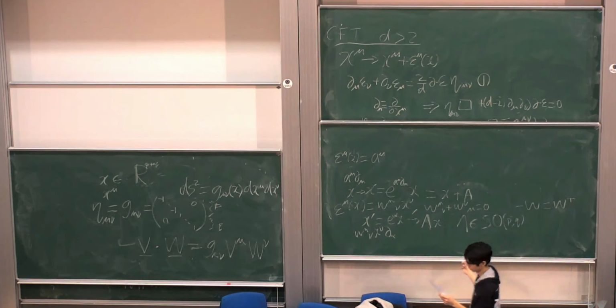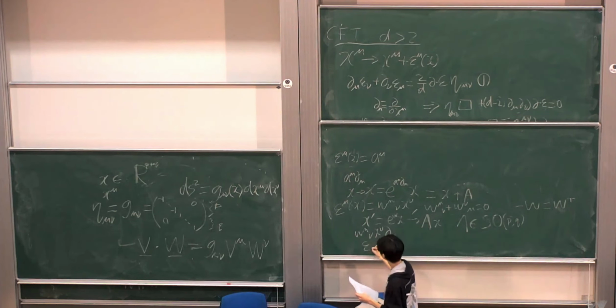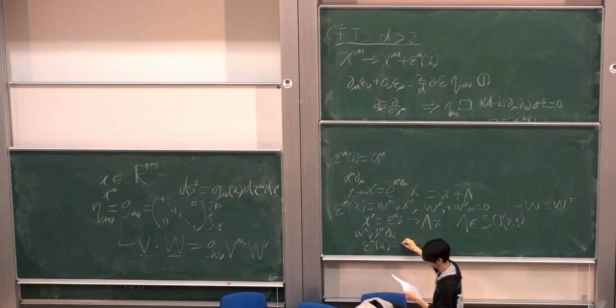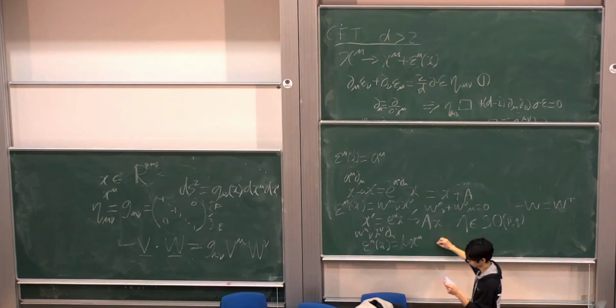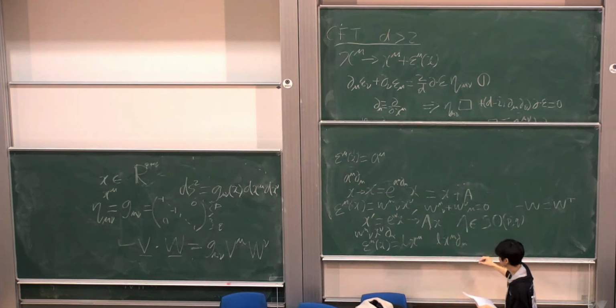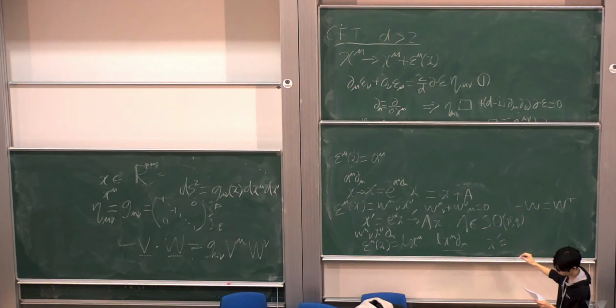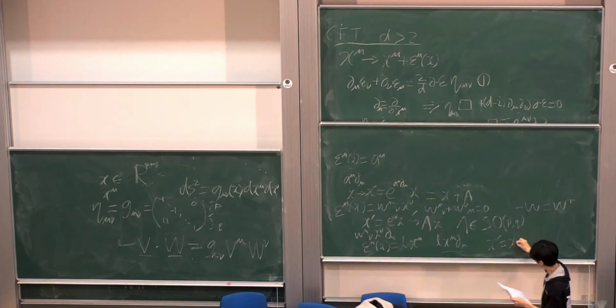And if you have a linear epsilon like so, then your generator is this, and when you exponentiate it, the transformed vector becomes something like that.